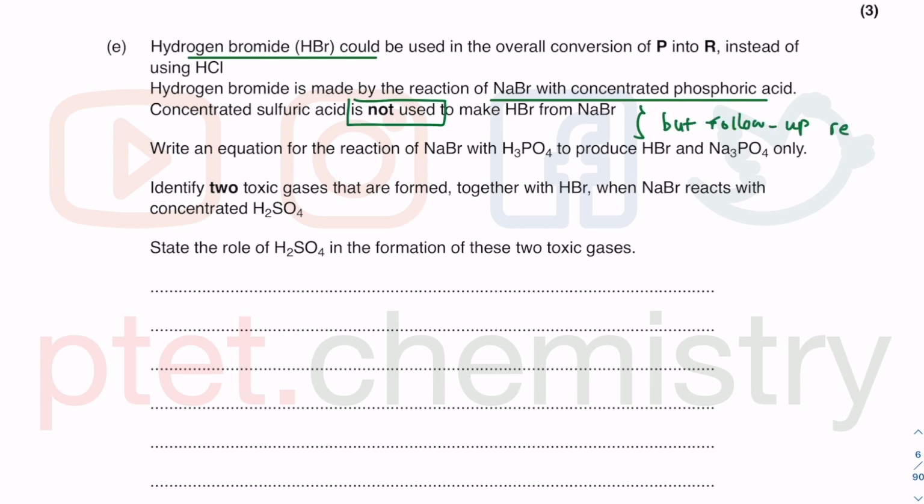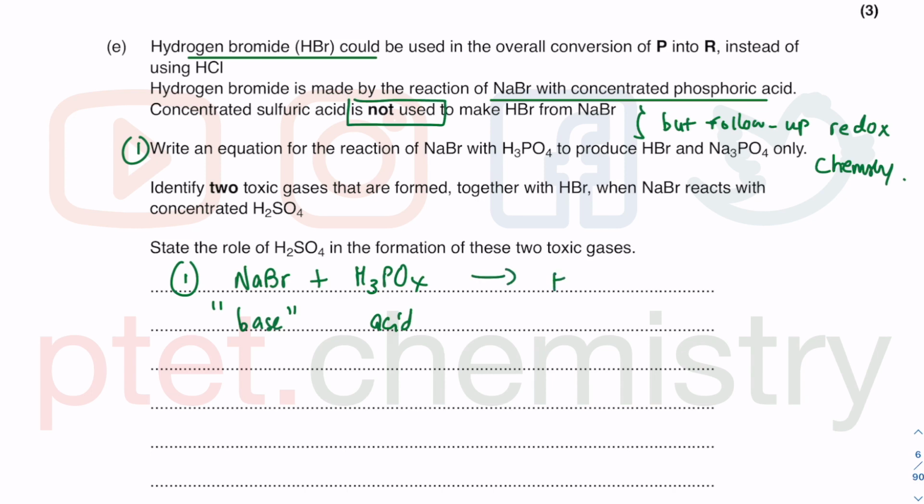You should read up on your AS Group 7 halogen chemistry, because you are not just forming the HBr, you are going to further oxidize the Br in HBr to become Br2, which is no longer HBr. Write an equation. So this is just going to remain an acid-base reaction.